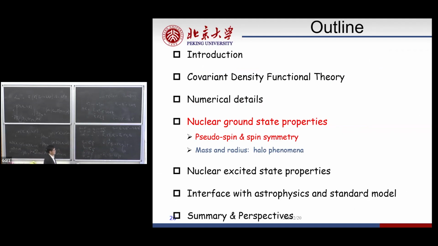We also interface with other fields like astrophysics or the standard model, because nowadays, for example, neutrinoless double beta decay is also a very interesting topic. So from the relativistic density functional, there is also a lot of work going in such a way.